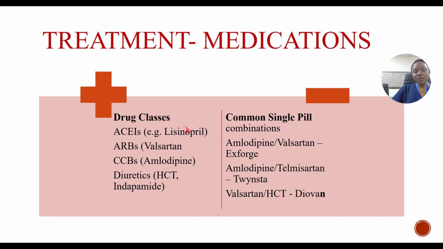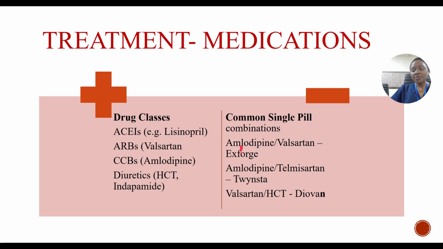These are the different drug classes and examples for the drug classes. We always prefer single pill combinations. When we want to start our patients on double combination or triple combination therapy, it's preferred that we, as much as possible, use single pill combinations. And these are some examples of single pill combinations available.